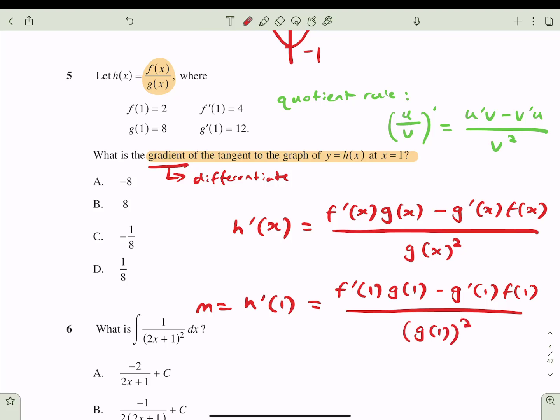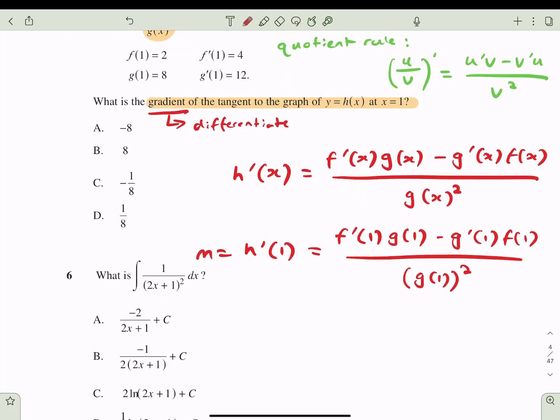And what do you know? The values are all given here. So luckily for us, we can now calculate everything. This is equal to 4 times 8 minus 12 times 2 over g1 squared, which is going to be 8 squared.